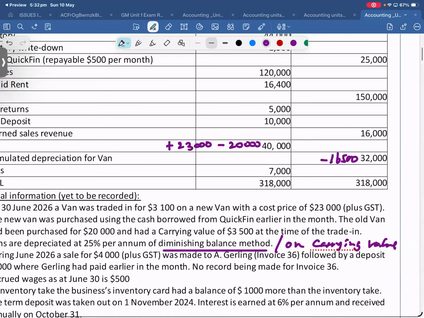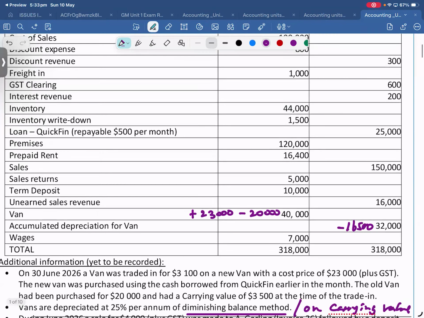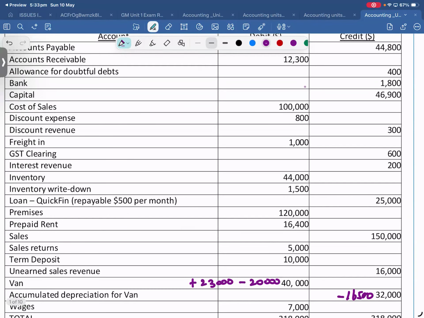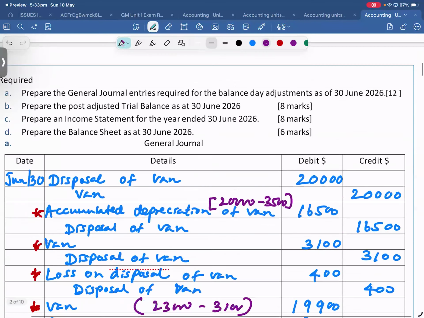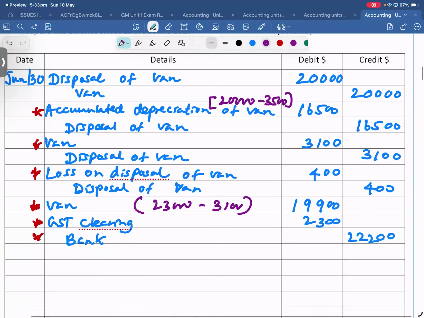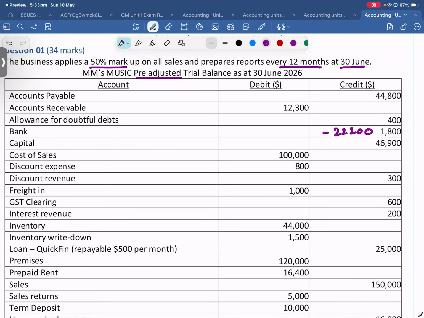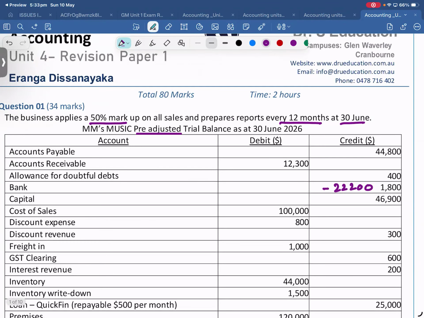Then bank. Bank is how much? Minus 19,900. No, 22,200. Yes, $22,200. And then this one will be how much? 24,000, yes?